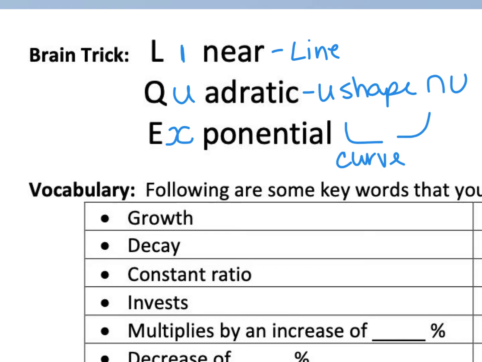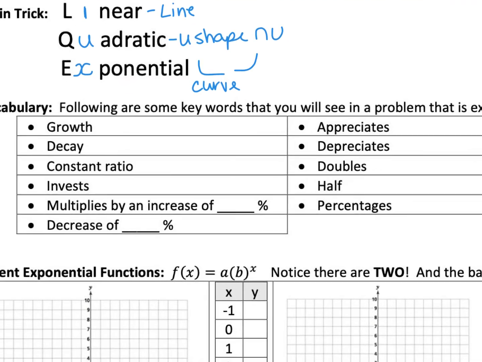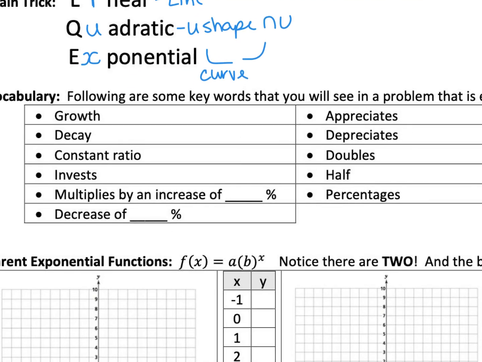We have lots of different vocabulary words for all of these. Linear, we had rate of change, we had slope, we had constant. When we talk about exponential, we have growth, decay, constant ratio. Notice it says ratio, not rate. Rate is going to be linear. In 8th grade, you talked about interest, so you did a little bit with this.